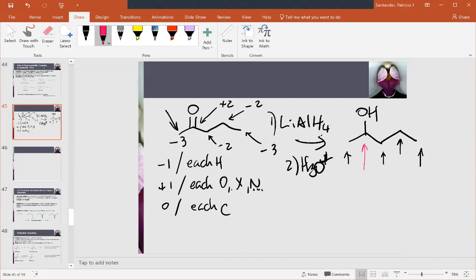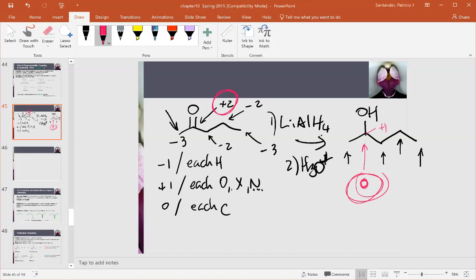Well, we will have 0 for the attachments to the neighboring carbon atoms, and then we will have -1 for the attachment to a hydrogen, and +1 for the attachment to the oxygen. So the new oxidation state for that carbon atom will be 0. So we are going from a +2 to 0. We are going from a bigger number to a smaller number. So that's why we will say that is a reduction. Easy enough?